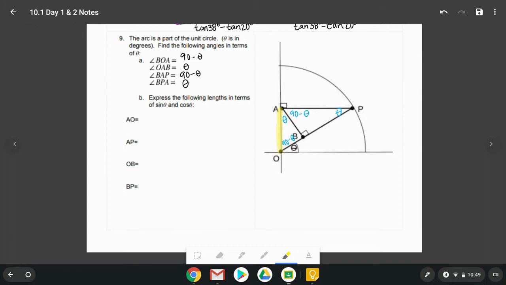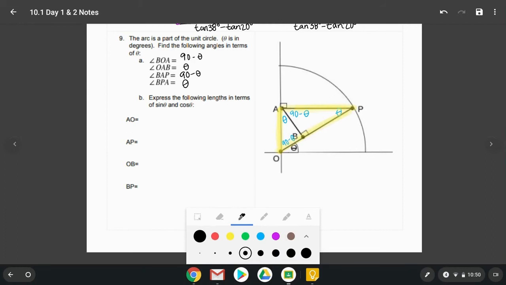And because I'm looking for either sine theta or cosine theta to represent this length, I'm going to recognize that my angle at P is theta, so I am going to highlight this whole triangle AOP, and it should help me get AO in terms of either sine or cosine.